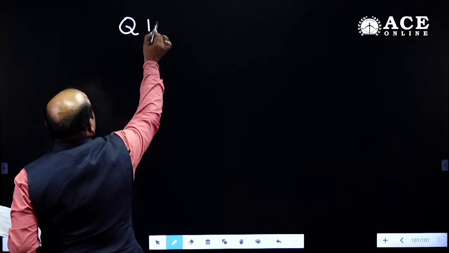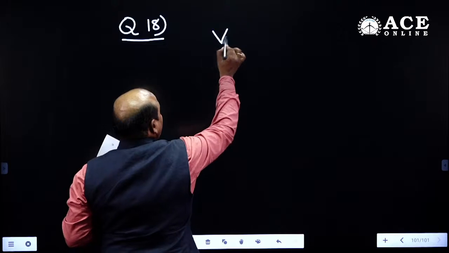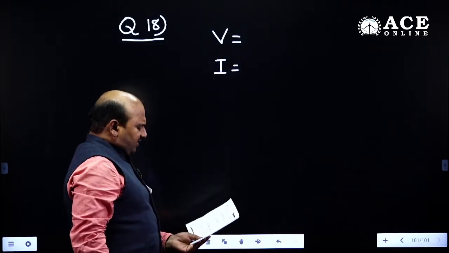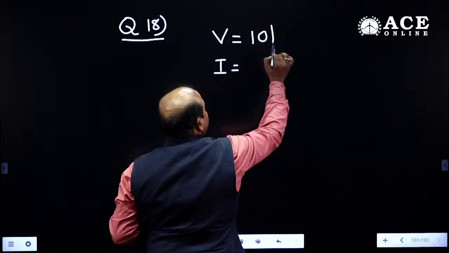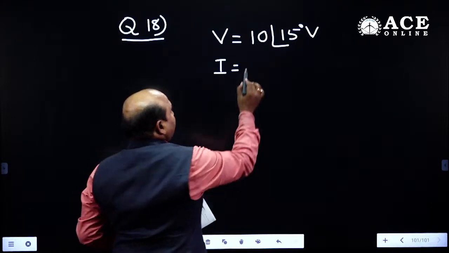Question number 18 solution. See this, V and I are given. With this V and I, you can estimate: V is 10 at an angle 15 degrees and I is 2 at an angle minus 45.